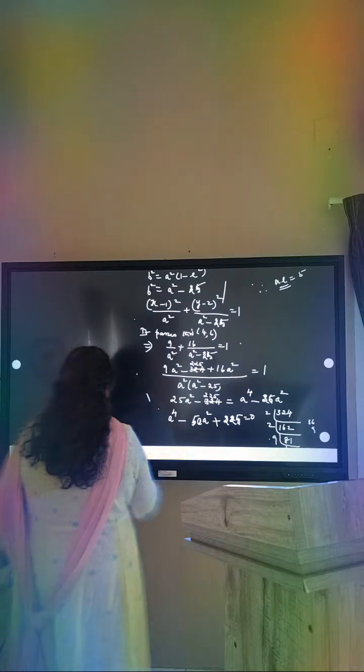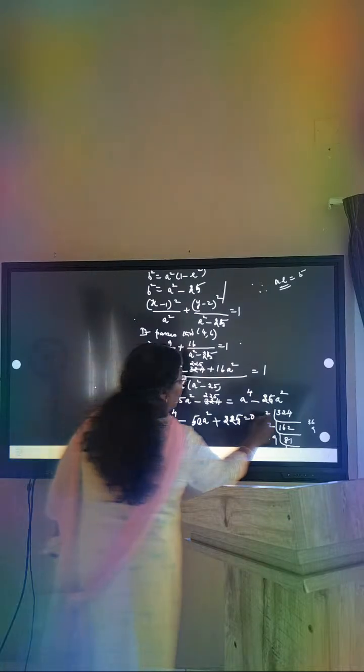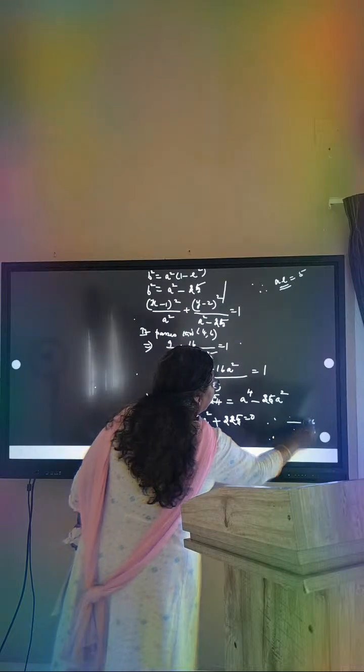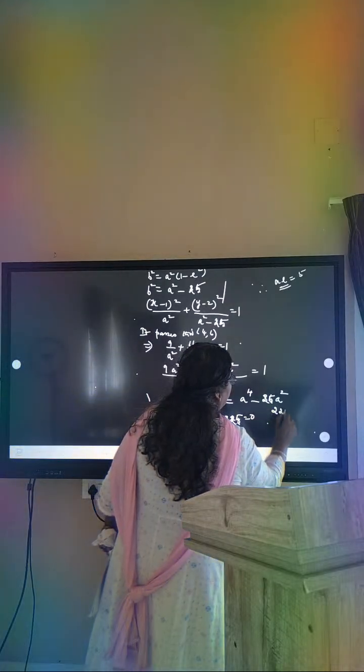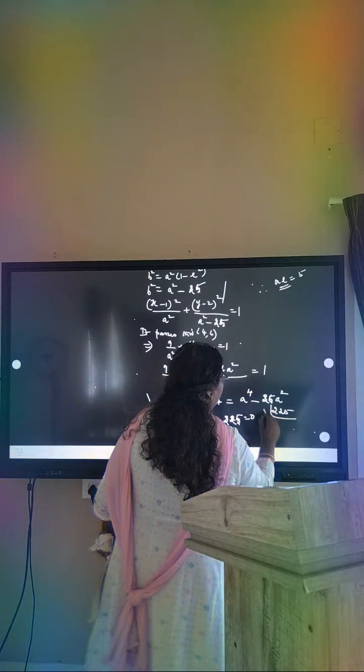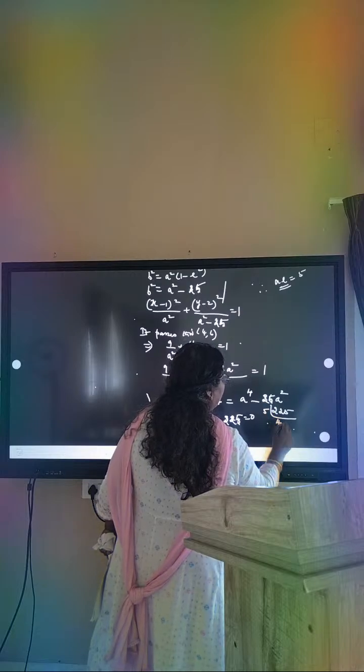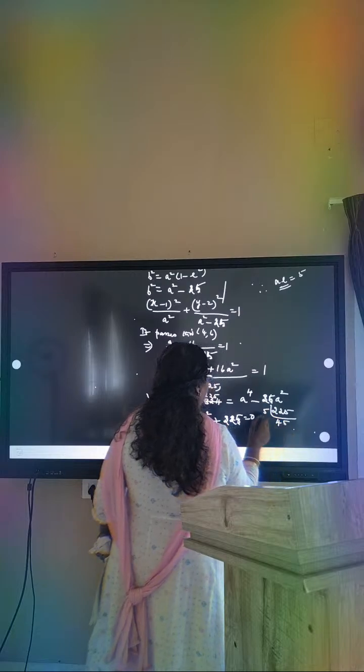Then what should that be? Okay, so 225 is divided by 5. How many times? 4 fives are 20, again 5. So 45 into 5, yes.